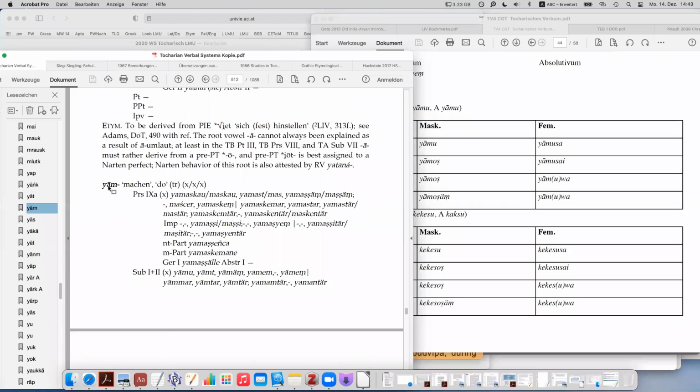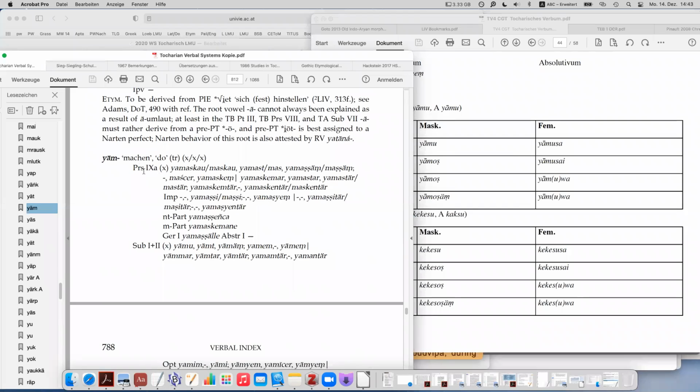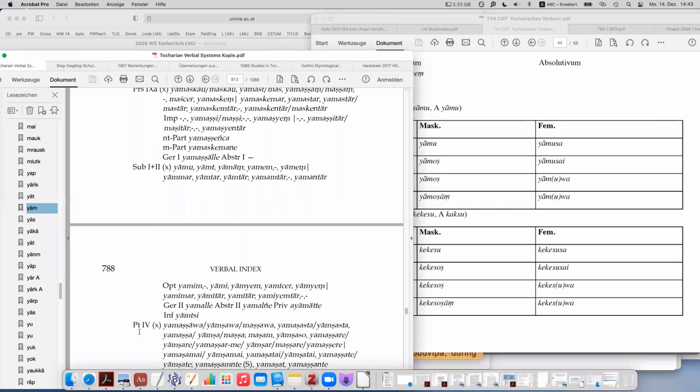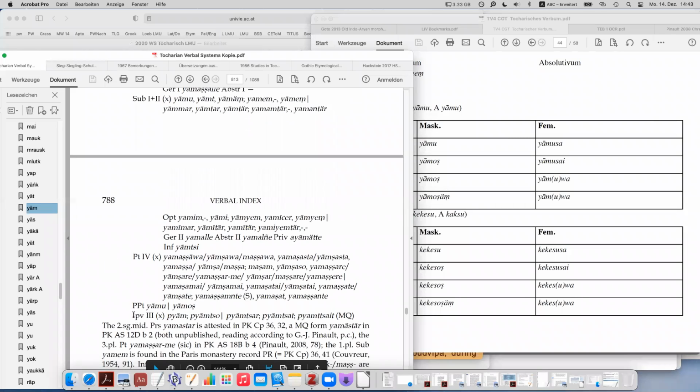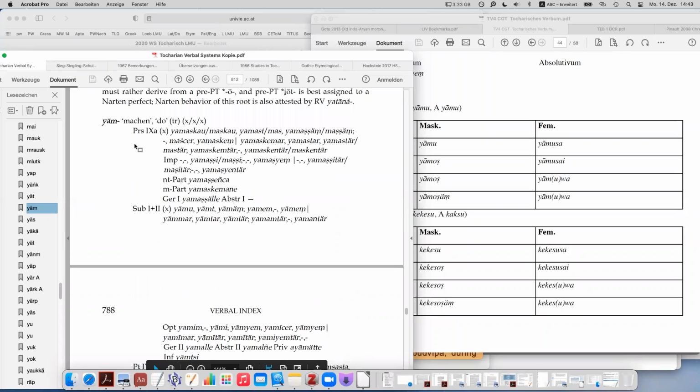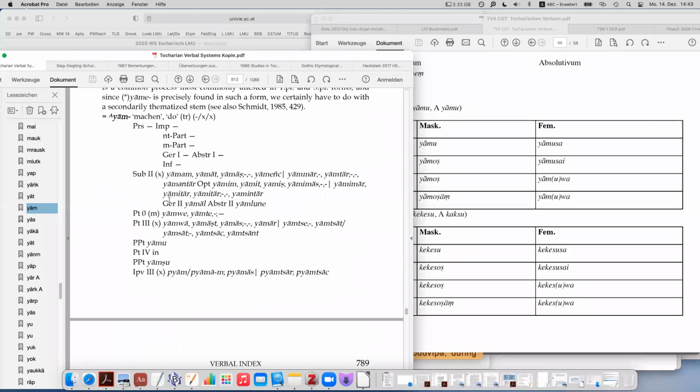Yam is used in present, subjunctive, preterite, and also in participle in Tocharian B. But in Tocharian A, you find it only in subjunctive, preterite, and participle.